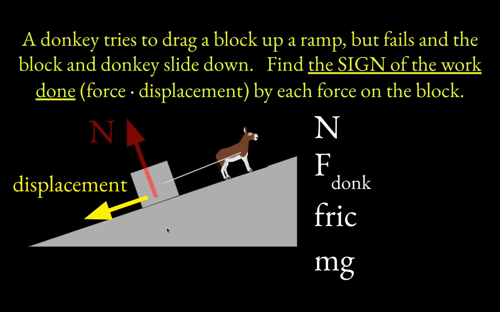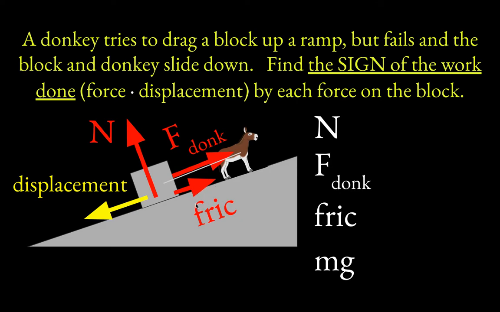One force would be what's called the normal force. It's the force of the surface on the block that is perpendicular to the surface. Another force on the block would be the force of the donkey. You could call it the tension in the rope, but we'll call it the donkey force in this picture. That would be trying to pull the block up the ramp, but failing, as we'll see.